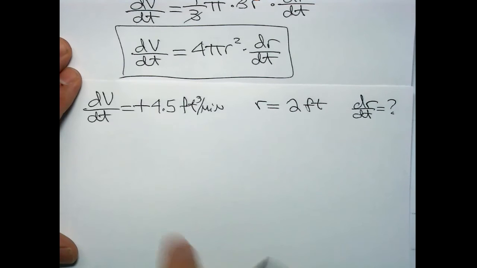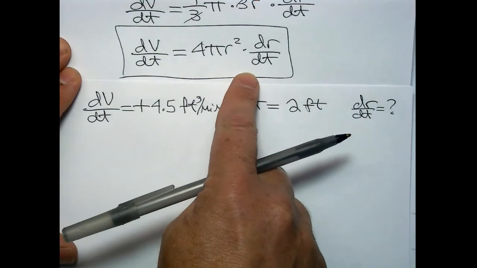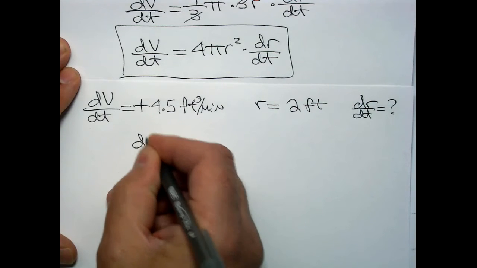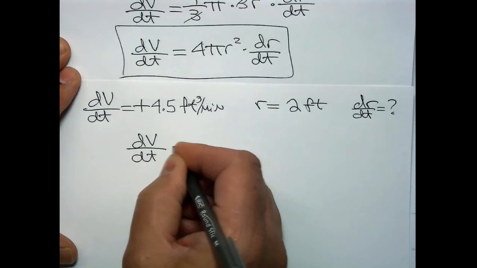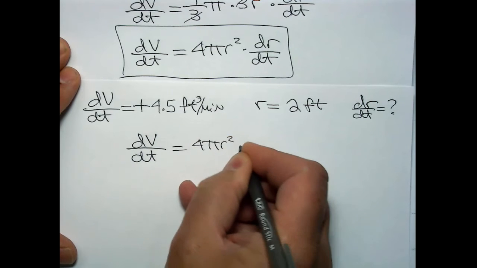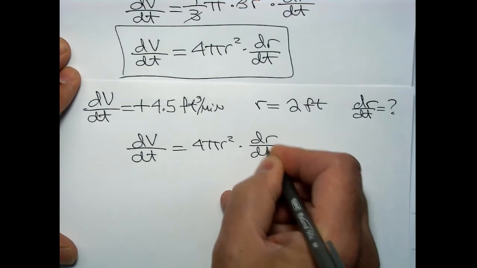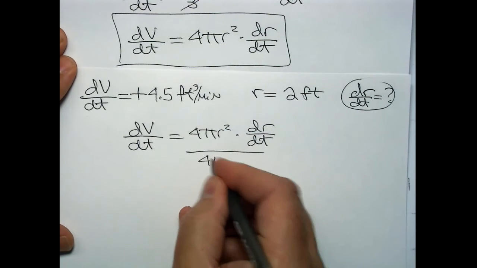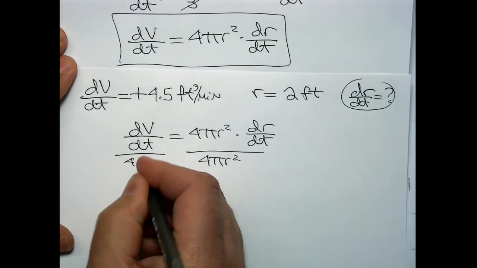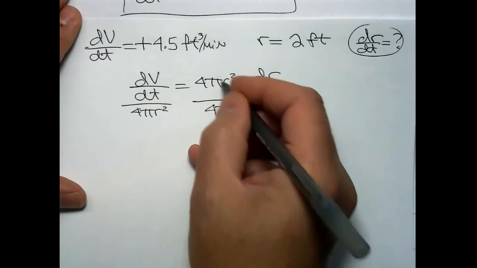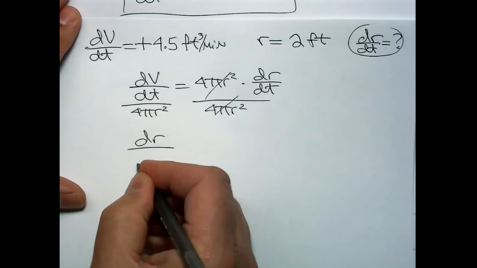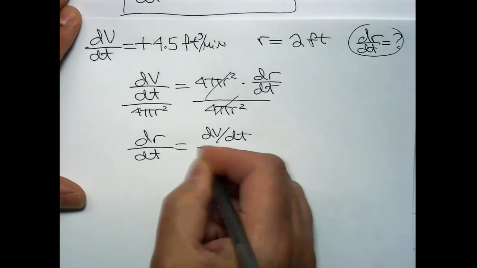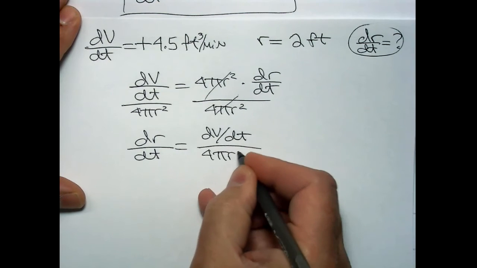Well, I suppose you could solve for dr/dt before you do all of this, and I don't think that's a bad idea. So dv/dt equals 4 pi r squared dr/dt. dr/dt is the very item we want, so why not solve for it? So dr/dt is equal to dv/dt divided by 4 pi r squared.